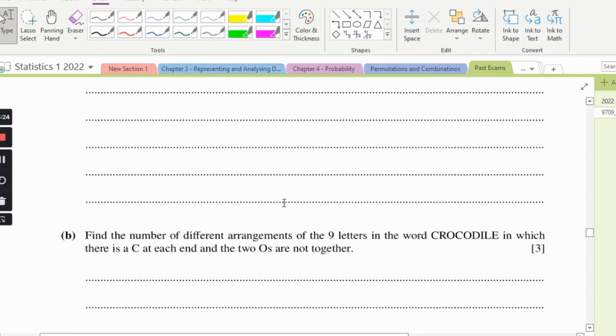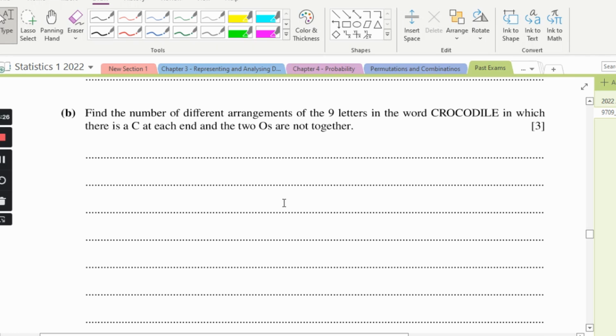Okay. Now the next one is we've got to find the different arrangements of the 9 letters in the word crocodile, where there is a C at each end and the O's are not together. Oh, at each end. Okay, so it's like this. 1, and then we've got 1, 2, 3, 4, 5, 6, 7, and we've got C at the other end.